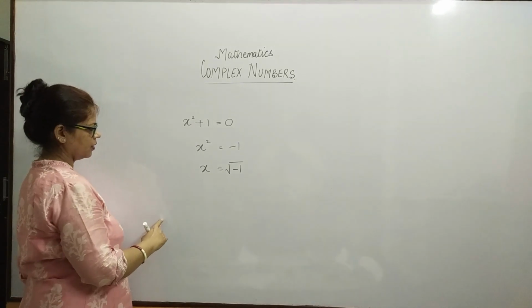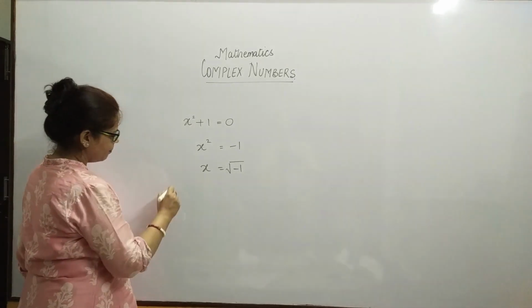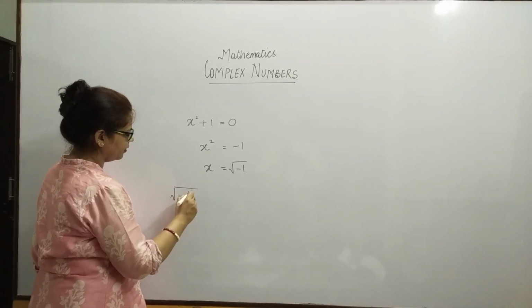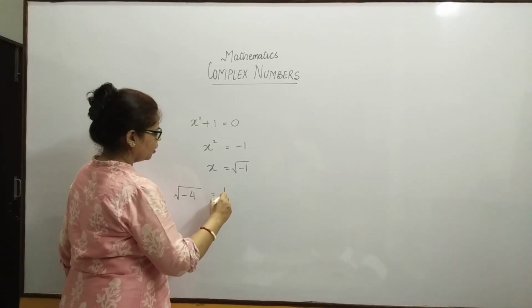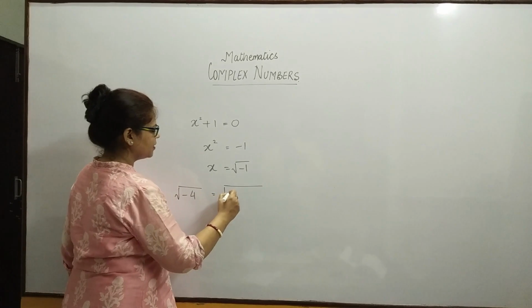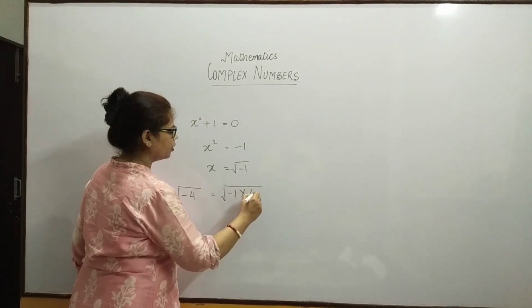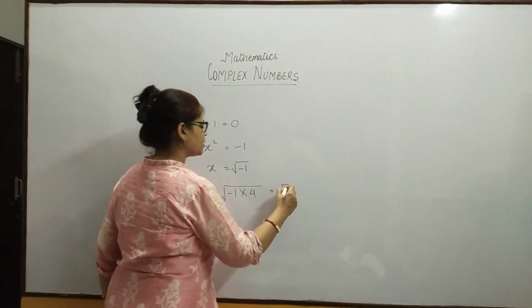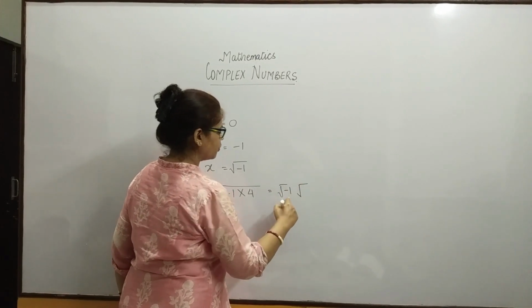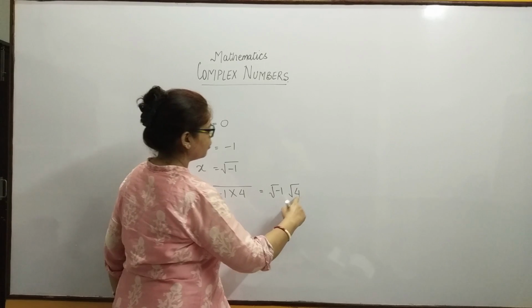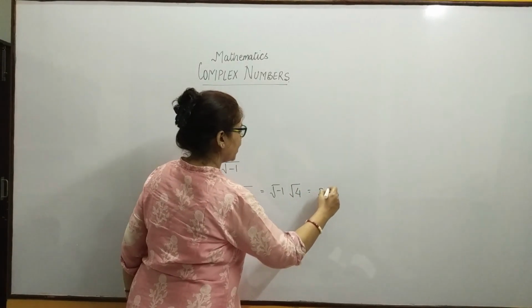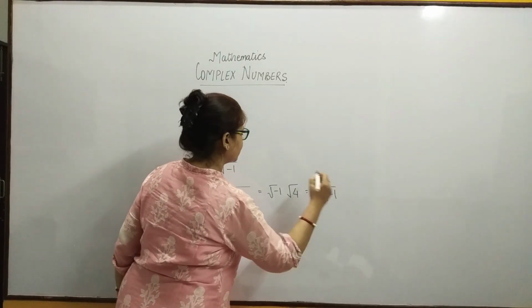My dear students, for example, square root of minus 4 is written here, right? Minus 4 can be written as minus 1 into 4, and this can be written as square root of minus 1 and square root of 4. Square root of 4 is 2 and this is square root of minus 1.